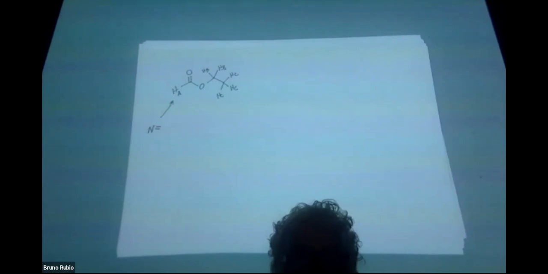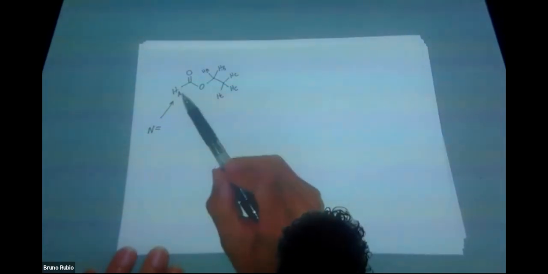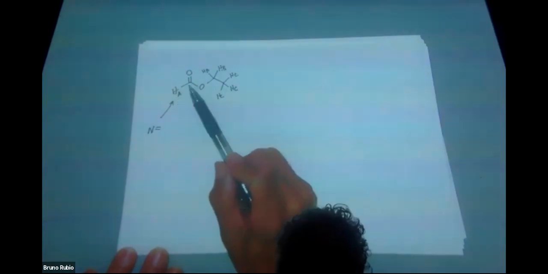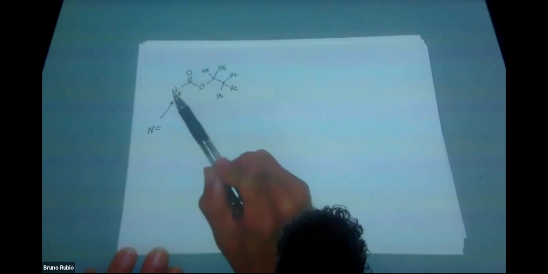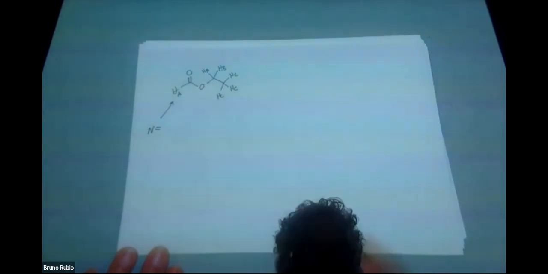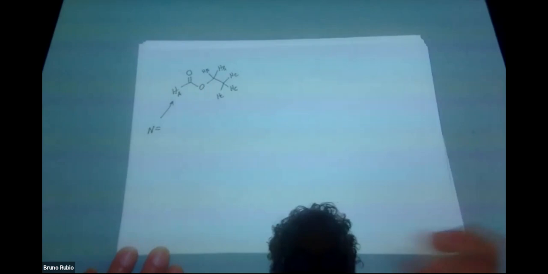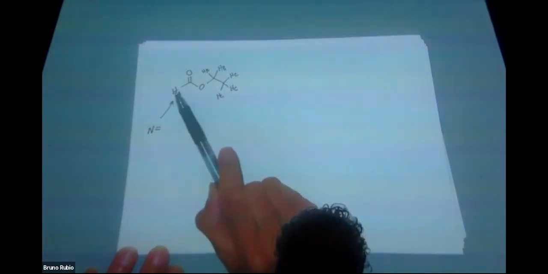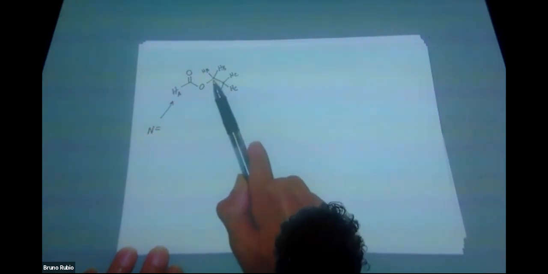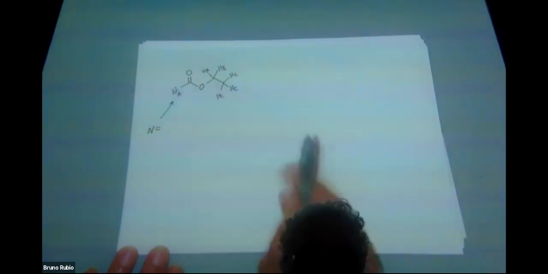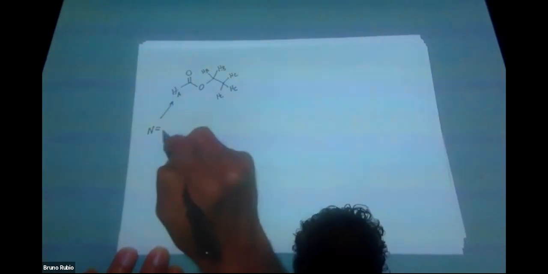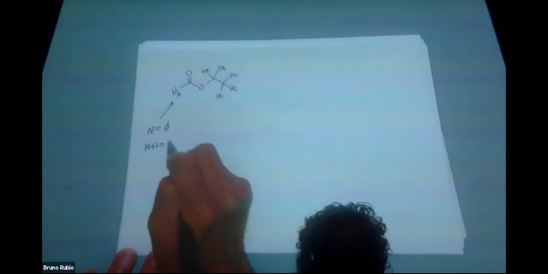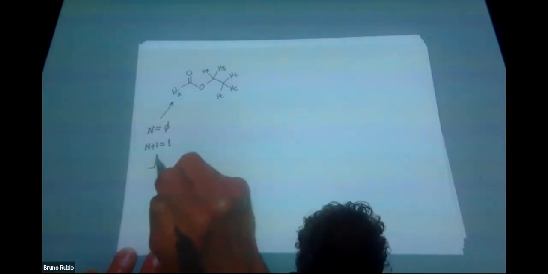Yeah, there's 0. Let's take a little trip. Let's go 2 bonds from HA. That's not a hydrogen. That's not a hydrogen. So there's no 2 bond splitting. What about 3 bond splitting? From HA, let's go 3 bonds. We hit a carbon. That's not a hydrogen. So for HA, N is equal to 0. N+1 is equal to 1. It's a singlet.